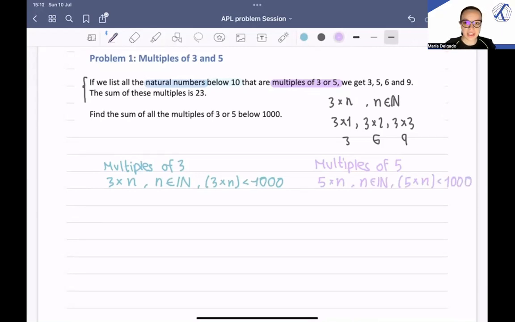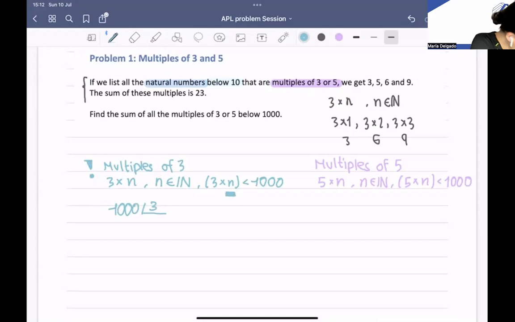Okay, so we need to find that n. We have two possibilities. We can do it like that with an inequality, but we're going to use this method that is an integer division. So we will have a remainder. Let me explain it while I'm doing it. Okay, so let's first take a look at the multiples of 3. If we're going to try and find that n, because it will give us the maximum amount, we can do 1000 divided by 3.